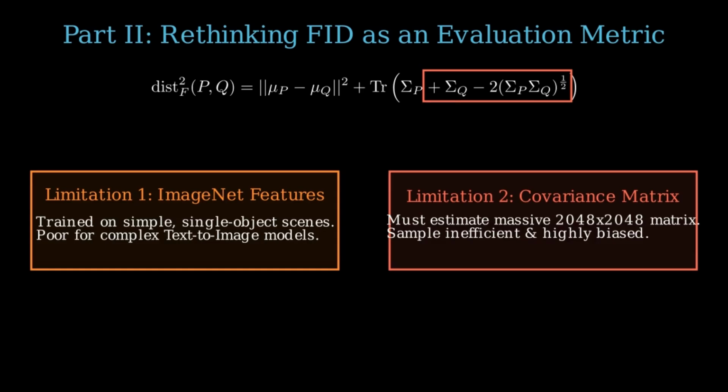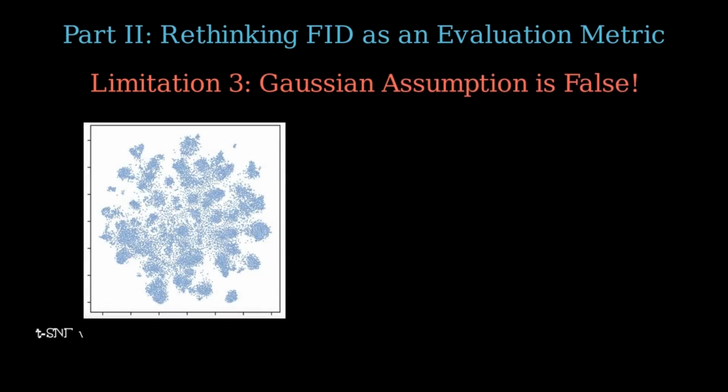Statistically speaking, estimating a matrix of this magnitude requires a huge number of samples to avoid numerical instability. This makes FID incredibly sample inefficient. If you evaluate FID on a small batch of images, your estimator will be highly biased and unreliable, making iterative model development painfully slow.